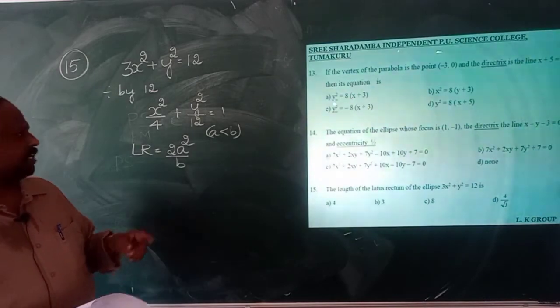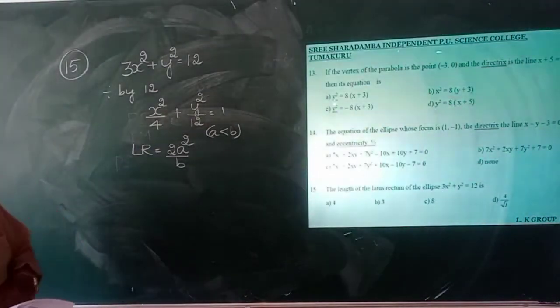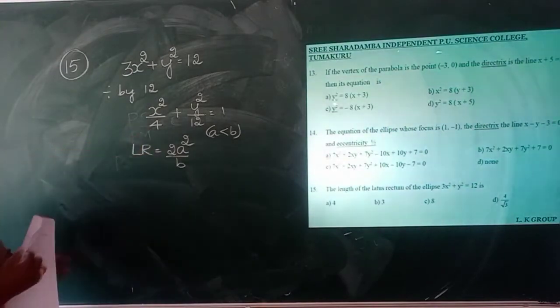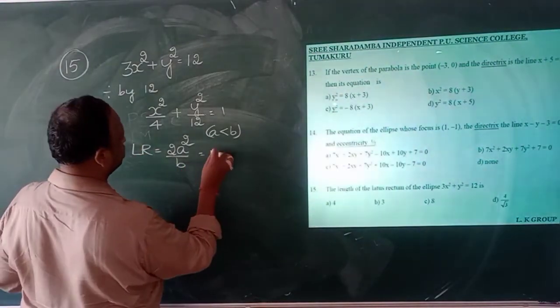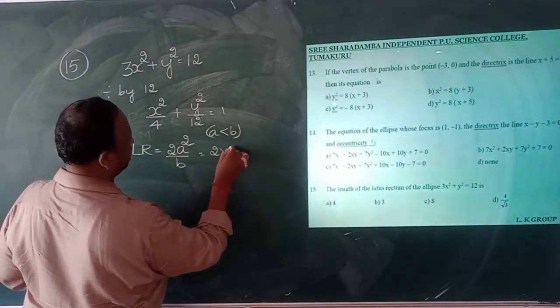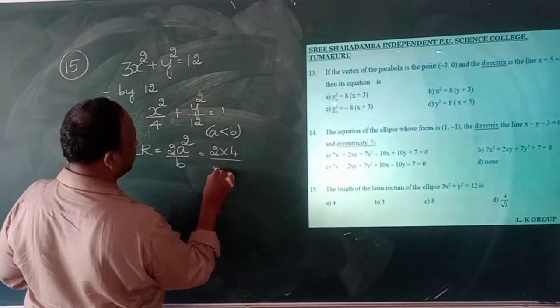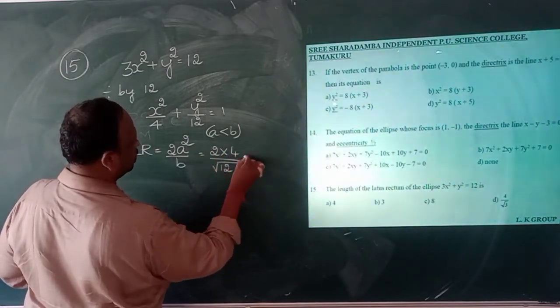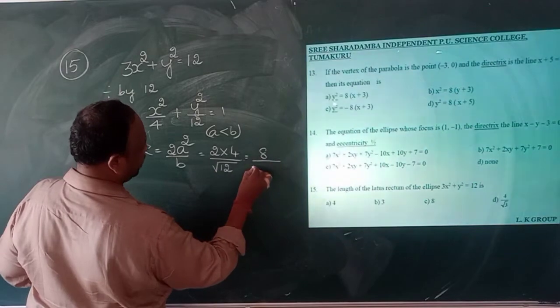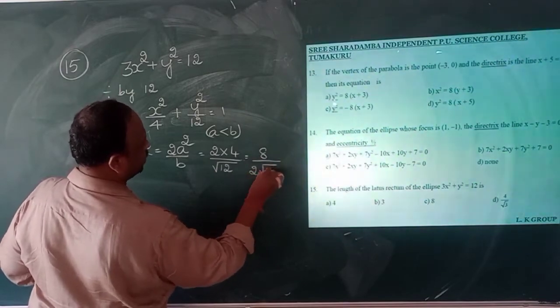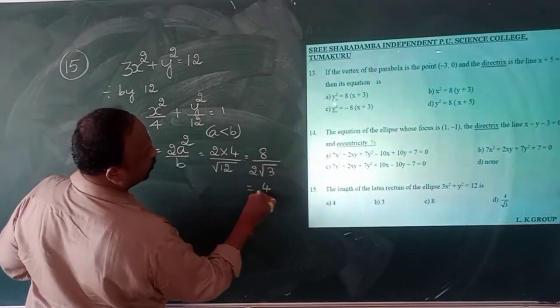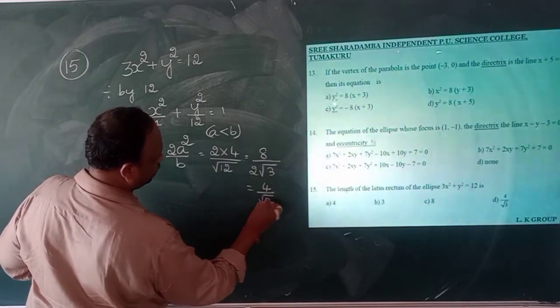For a less than b, the formula is 2a square by b. So here a square value is 4, b value is root 12. So 8 divided by 2 root 3, that is 4 divided by root 3.